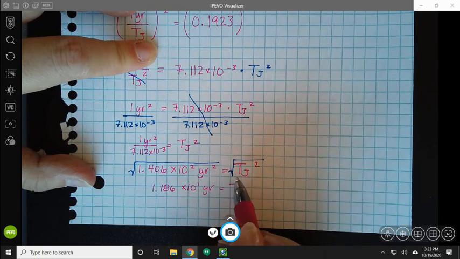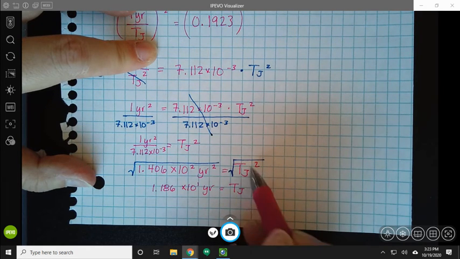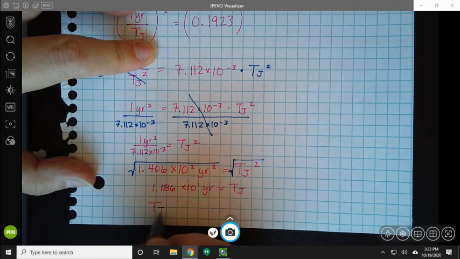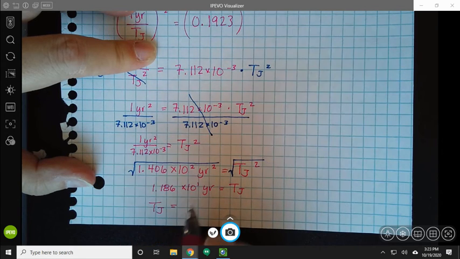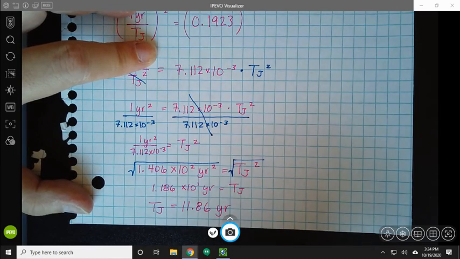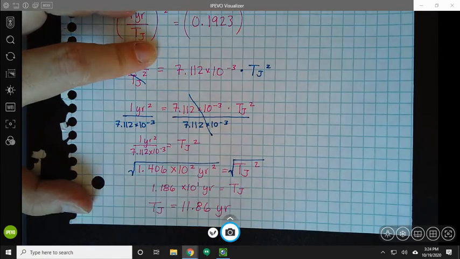Square root means basically finding what it is that you have to multiply by itself in order to get whatever term you have here. This is pretty small for scientific notation, so I'll just switch it back. I'm going to move the decimal place 1 over. So I'll have 11.86 years. Okay. And that is our answer right there.